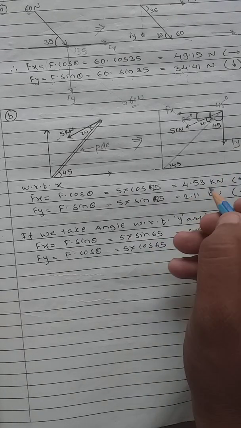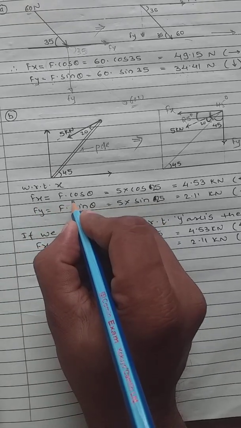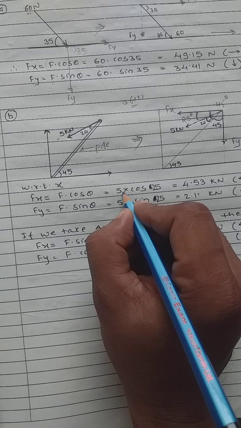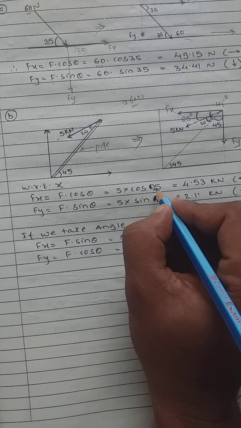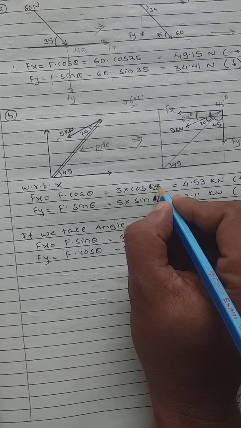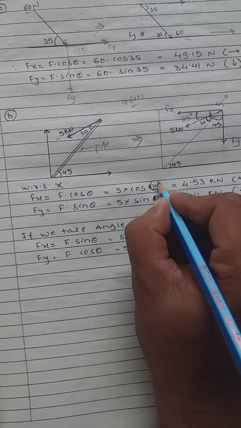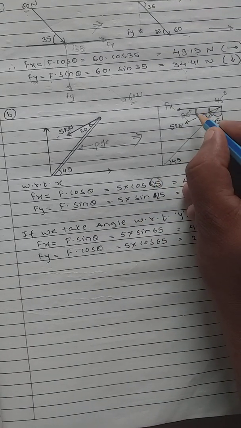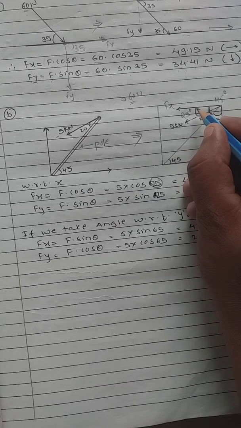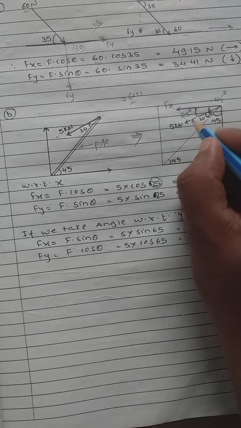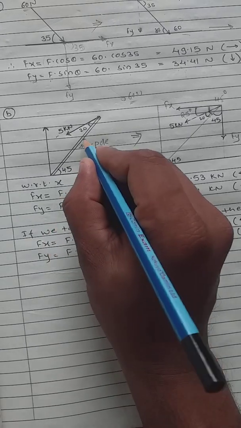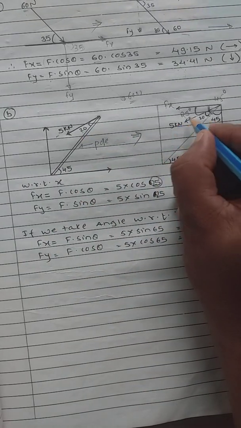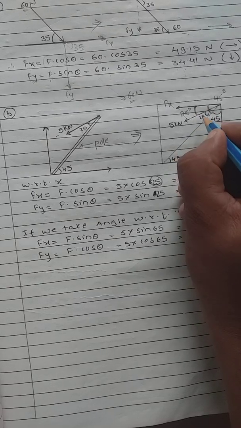Okay, so f of x is equal to f into cos of theta, where f is 5 kilonewton and for theta we will consider 25 degree, because it is the angle of the 5 kilonewton force with respect to the x axis. We don't want this 45 degree angle and 20 degree angle, we want the angle of the force with respect to the x axis.